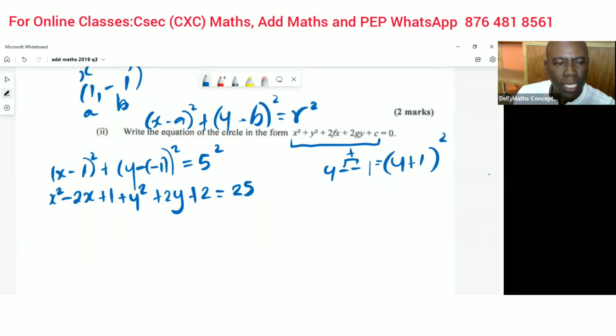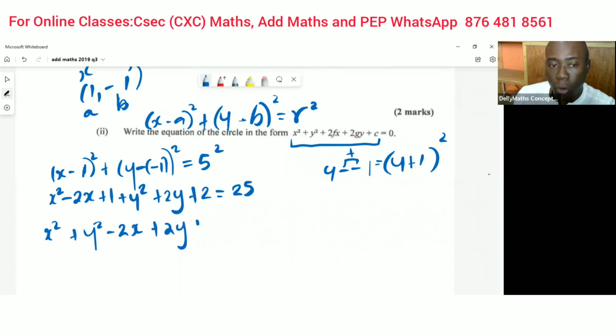So, we need to collect what we have to collect and organize it the way it ought to be. So basically we'll have an x squared here, and I'm going to put the y squared beside it. And then I will have a negative 2x plus 2y.